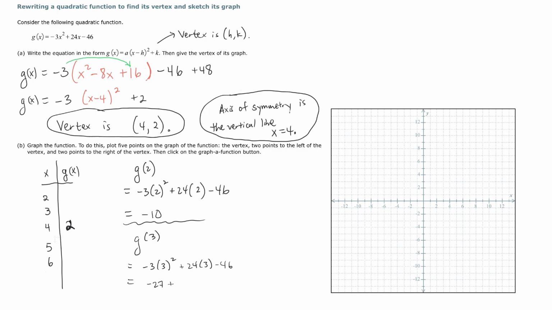Add 72, and then take away 46. Let's do 46 and 27. Let's see how much that is. That's 73. So this is going to equal -1. So we have -10, then we have -1, then we have -1, and then we have -10 again.